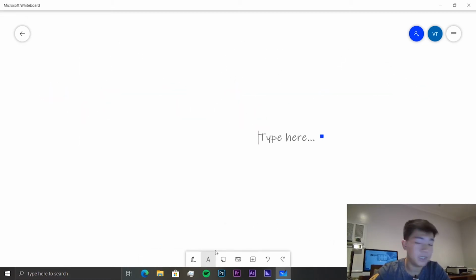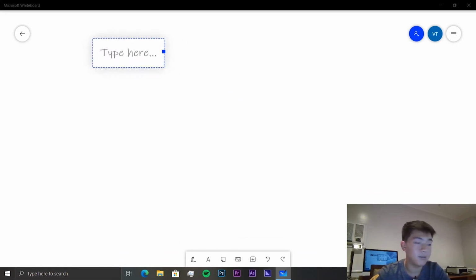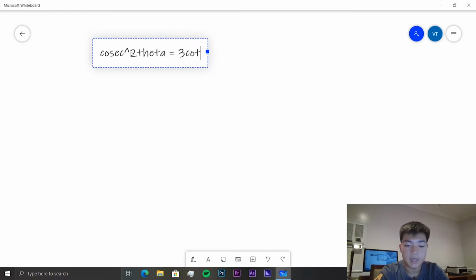The first question is to find the roots of the following equations, both algebraically and graphically. The first equation is cosec squared theta is equal to 3 cotangent theta minus 1.